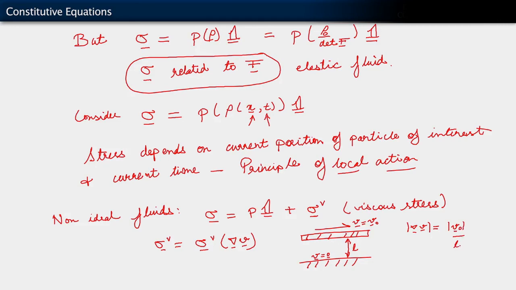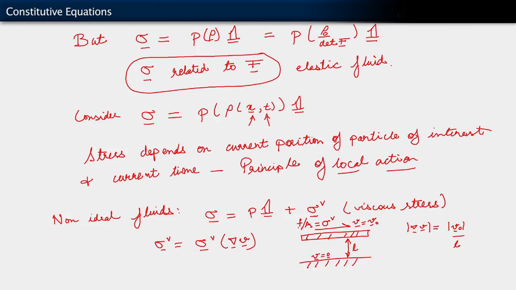What is found is that if you try to move this plate, you need to move it with a stress, which I'll just write as sigma V, as a scalar. That stress would be equal to the force that you would have to apply upon that plate divided by its area.